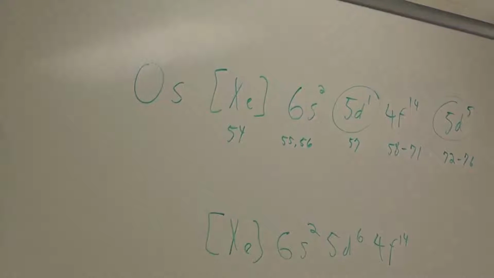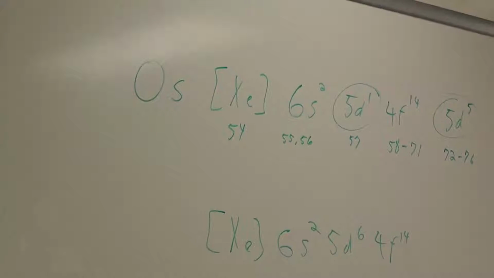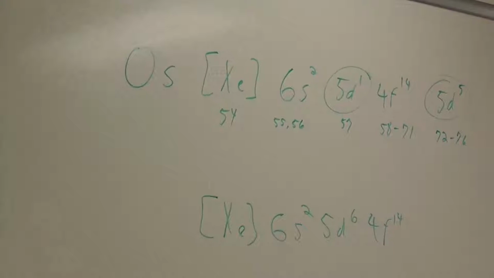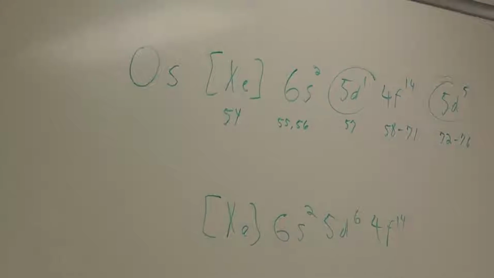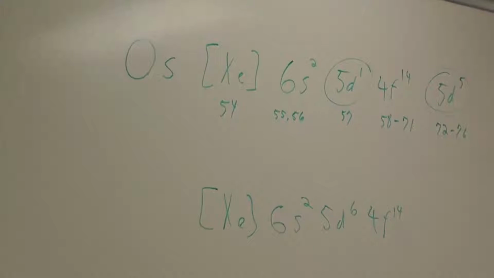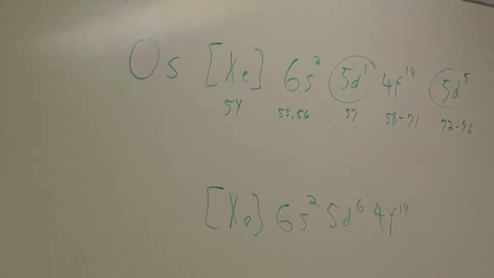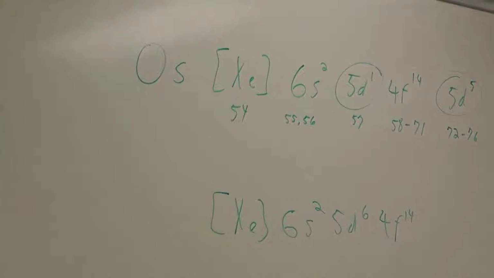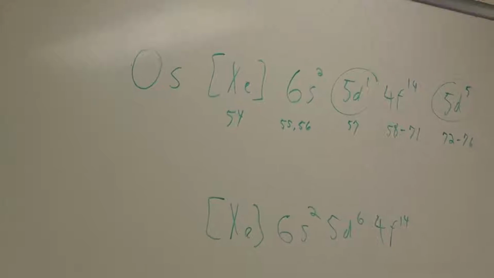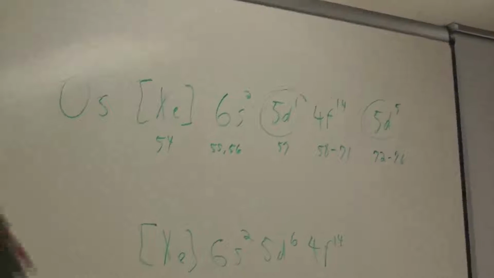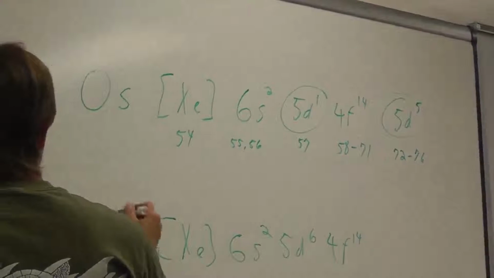You put in the 1, you go off and do the 4F. Once that's full, you go back for the rest of the 5D. And you do wind up with 6 electrons there, and you check that because osmium is in the 6th column. It's in the 6th vertical column of the D block. And this is what we would get as the final configuration.